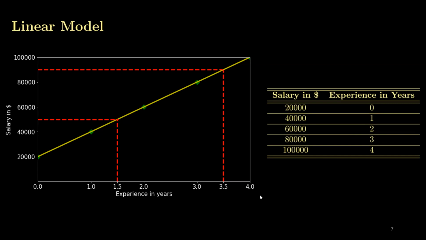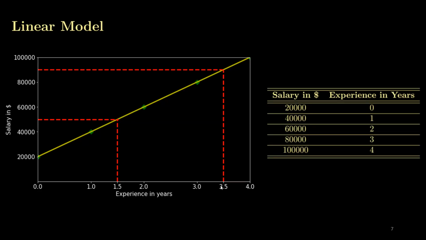Although this 3.5 is not present in the training data, since this model has learned the linear relationship between the independent and dependent variable, or between the experience in years and salary in dollars, it is going to find the value of salary for any experience in years. So if a candidate comes to us whose experience is 3.5, I will give this input to my model.